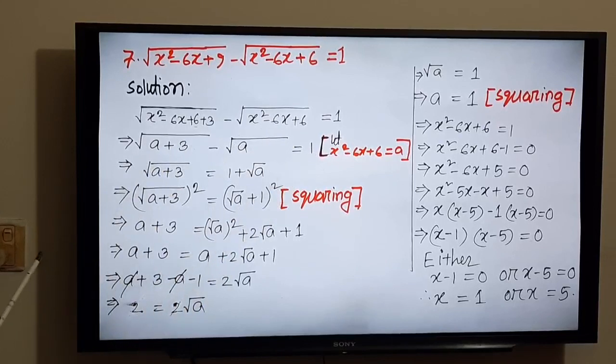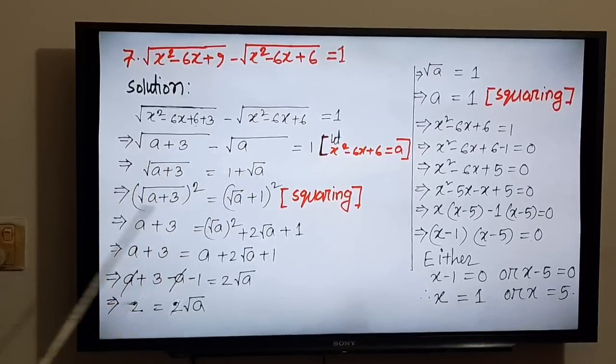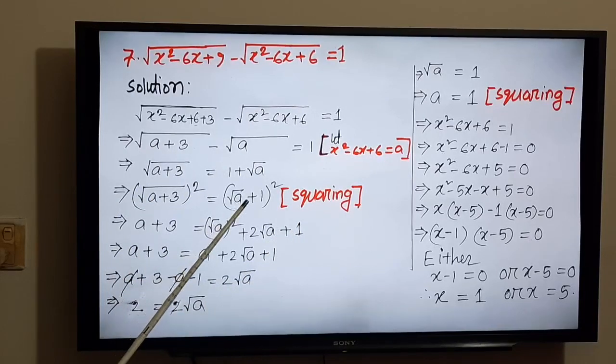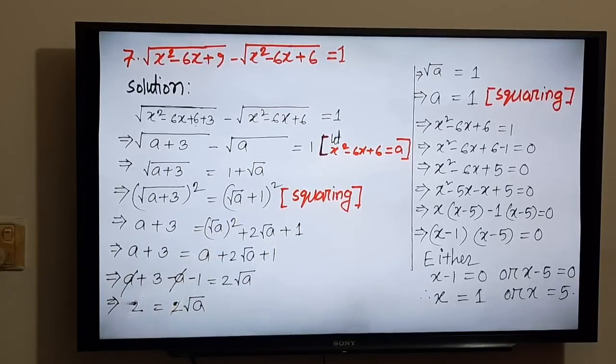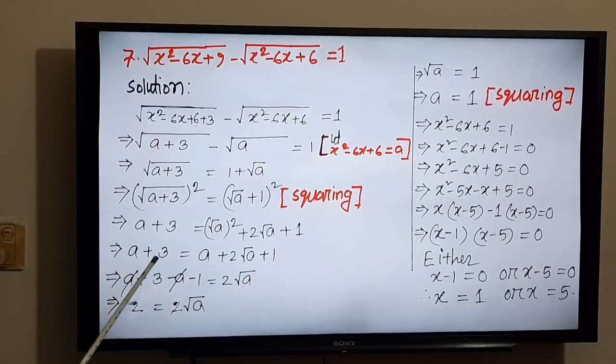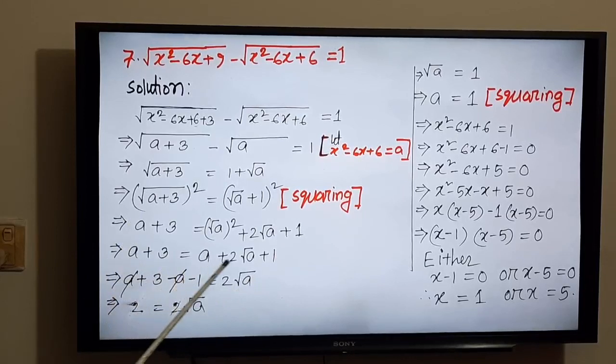Now we want to isolate the radical terms: minus root over a on the right hand side, plus root over a. Now squaring, a plus 3 equals the whole square of root a plus 1. By the algebraic formula, we can write a plus 2 root over a plus 1. So a plus 3 is equal to a plus 2 root over a plus 1.